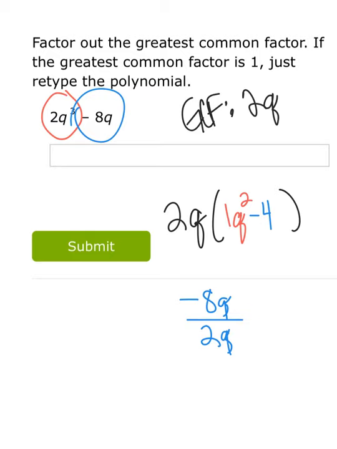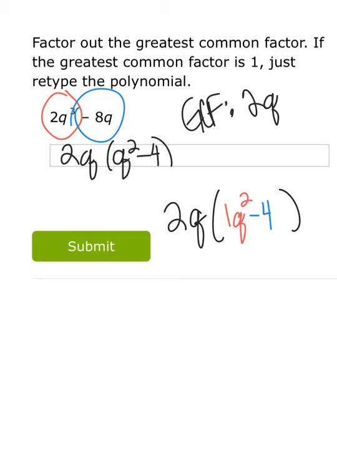Negative 8 divided by 2 is negative 4, and then q divided by q cancels, so you're just left with negative 4. Okay, I had one q and I took it out, so there aren't any more q's there. So if I just simplify this up a little bit to make it nice and neat, my answer would be 2q is what I factored out, and what I would have left in the parentheses would just be q squared minus 4.